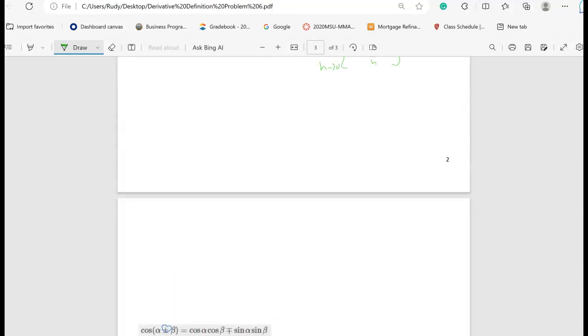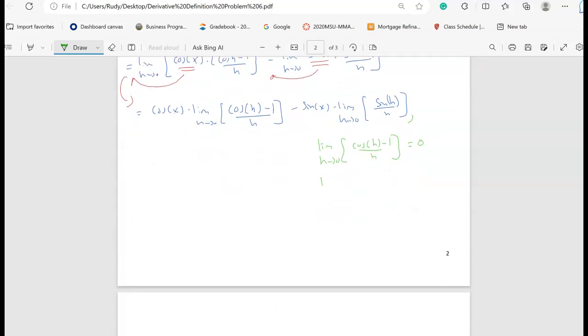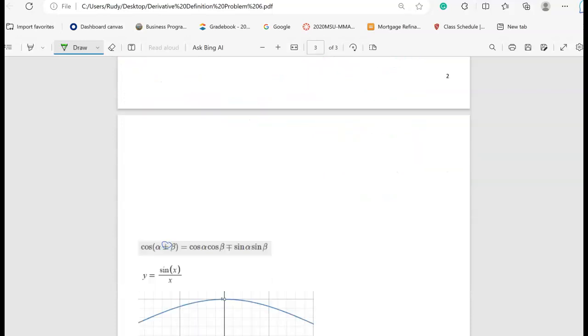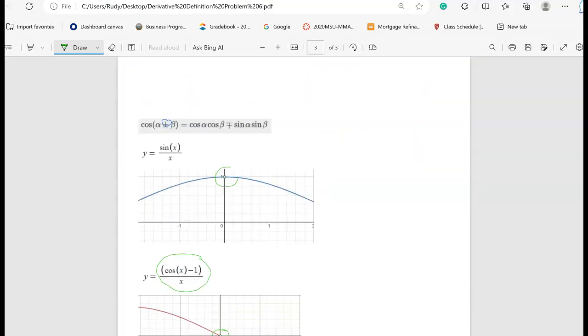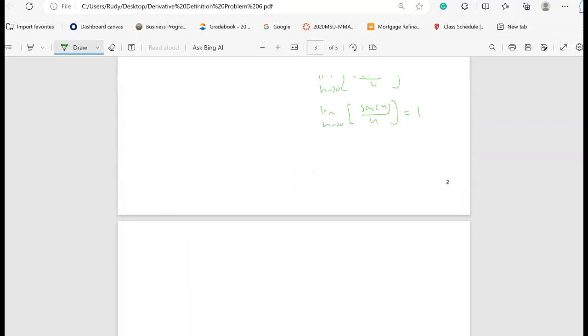So for that particular one, this is equal to 0. And then the limit as h approaches 0 of the values of sine of h divided by h is equal to 1. And this is our first graph here, except that once again, in decimals, I'm using x's, and they just represent identities.